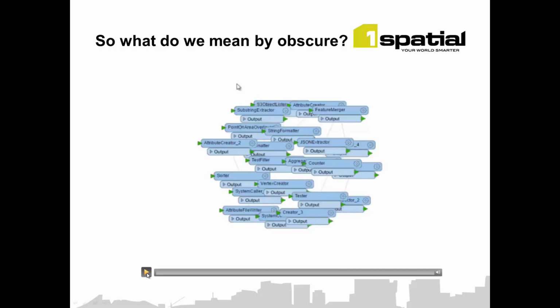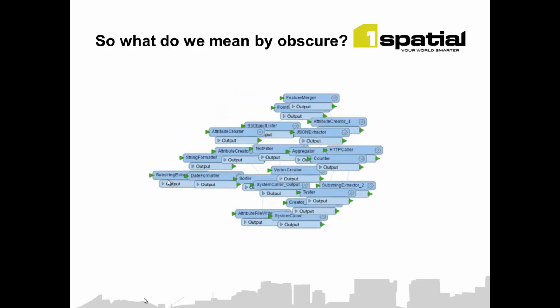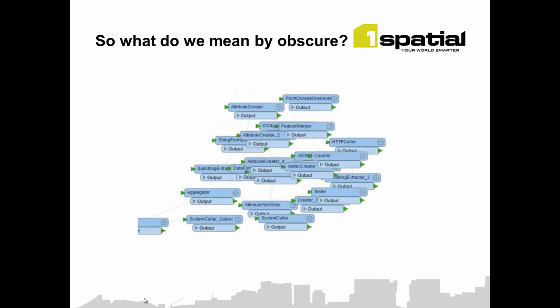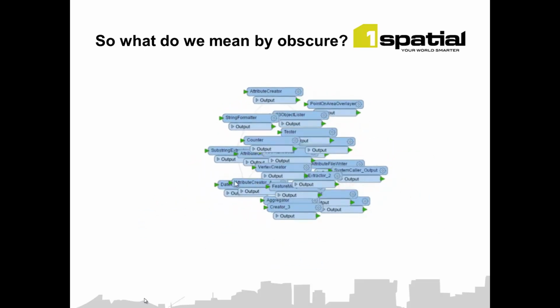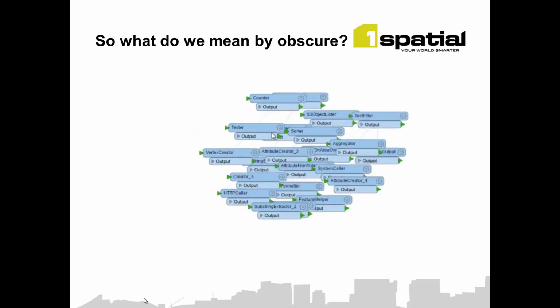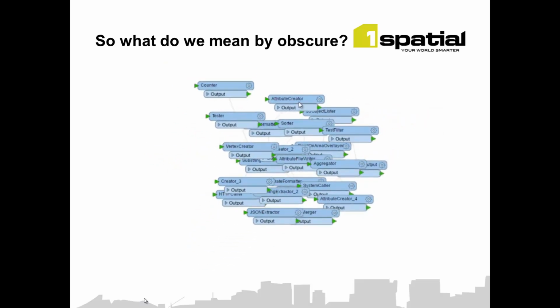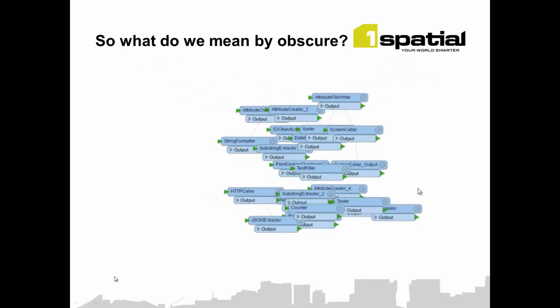When it comes to obscure, some people that I meet in training classes think that actually some of the transformers in FME are a little bit obscure, and certainly what we'd like to try and do is avoid you having challenges with the interface. And that's really what these webinars are about.